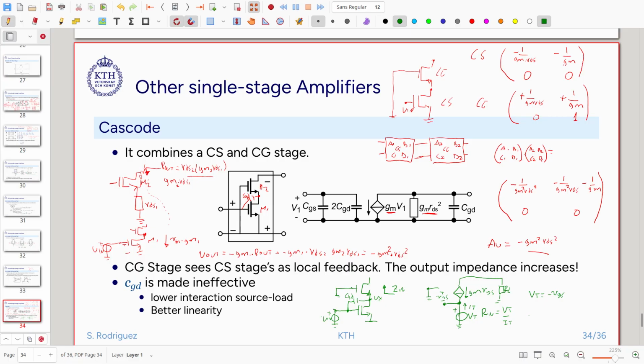Okay, and if we do also node analysis, we have that IT has to be equal to minus gm VGS, so all the currents that come to this node have to be equal to 0.